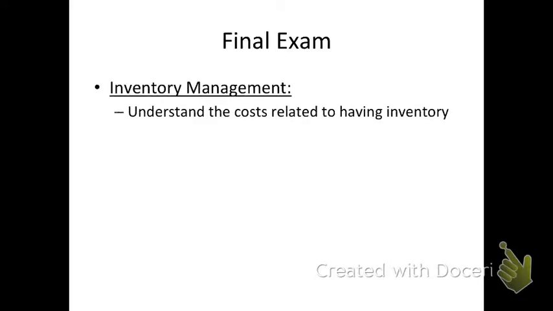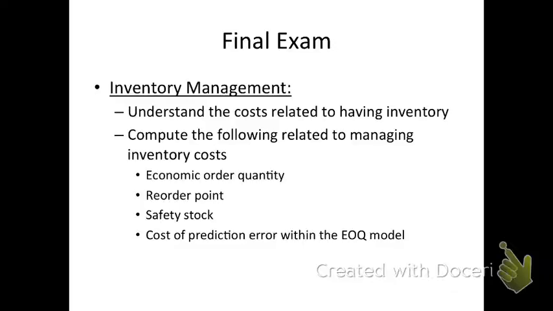Then for inventory management, all the stuff that we covered here is understanding what costs we incur when we actually have inventory, and then using the economic order quantity model, which is a simplified model which focuses on carrying and ordering costs and minimizing the total of those two.